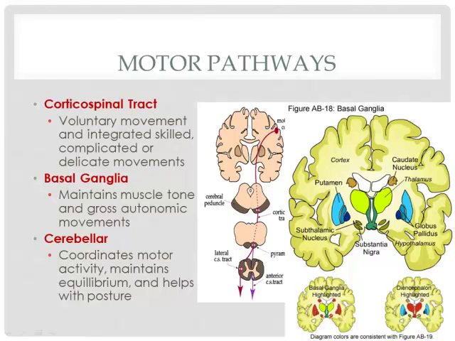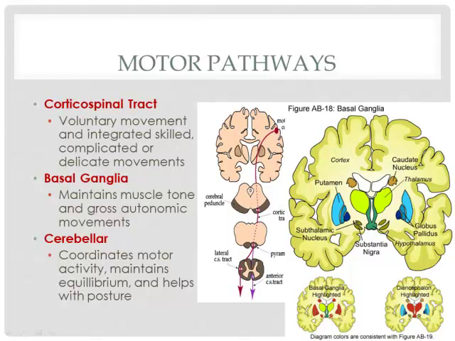So when people have issues in their basal ganglia, you can get some very odd movements that are only seen with basal ganglia problems, because one of the components, the direct pathway or the indirect pathway, is off keel.